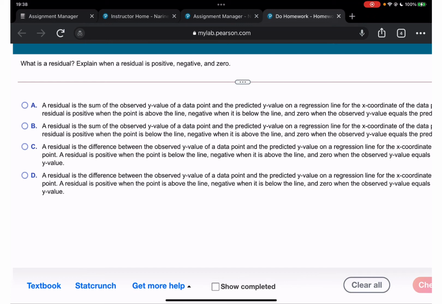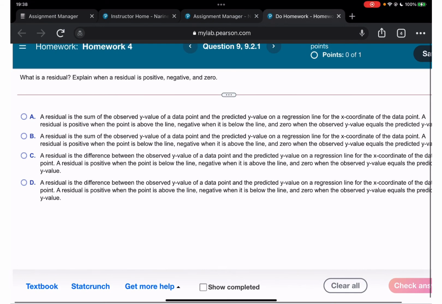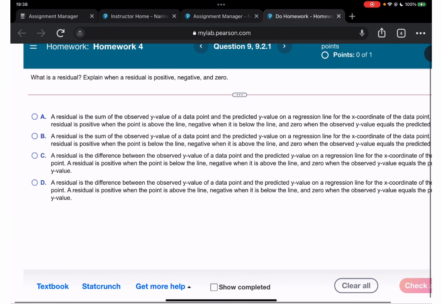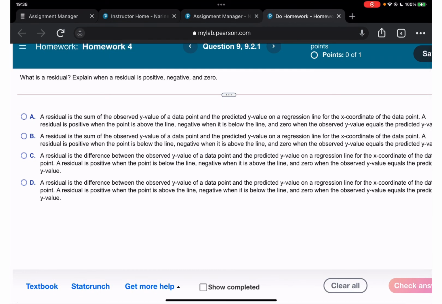Let me see which one it is. A residual is positive when the point is above the line, negative when the point is below the line, and 0 when observed. This is the last one. Let me explain.